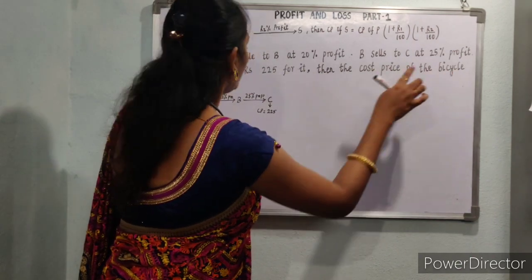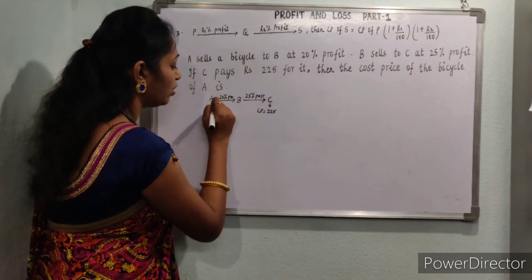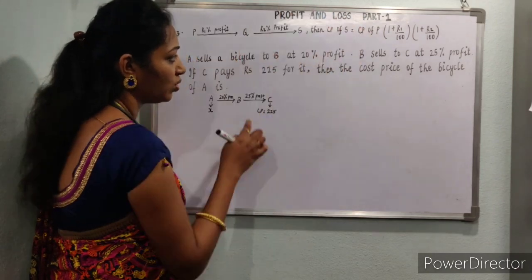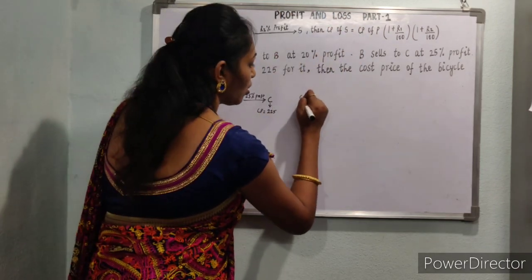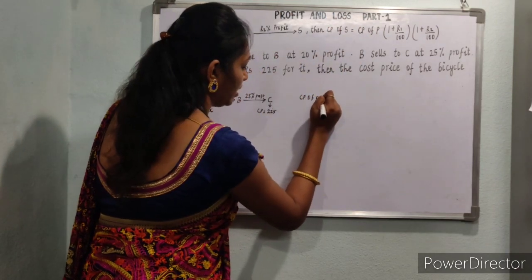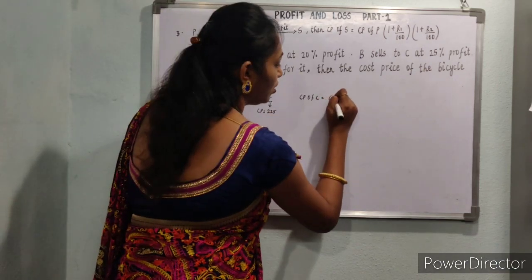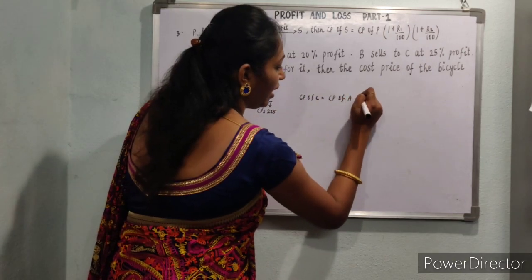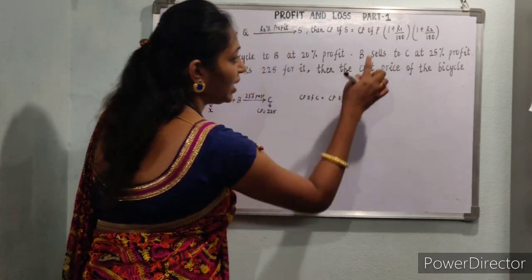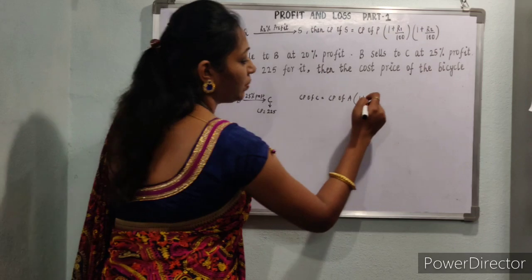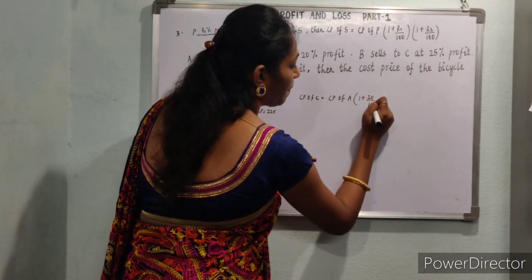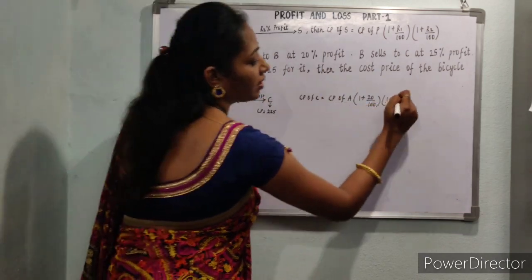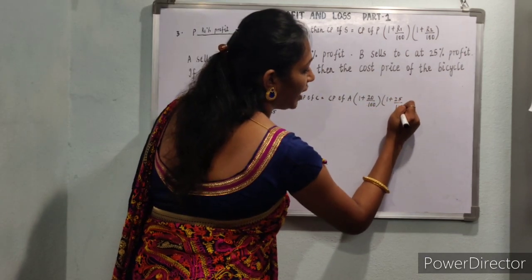Then the cost price of the bicycle of A is, now we have to find the cost price of A. So we know the formula, we'll substitute it in the formula. Cost price of C equals the cost price of the first person into 1 plus R1, which is 20 by 100, into 1 plus R2, which is 25 by 100.